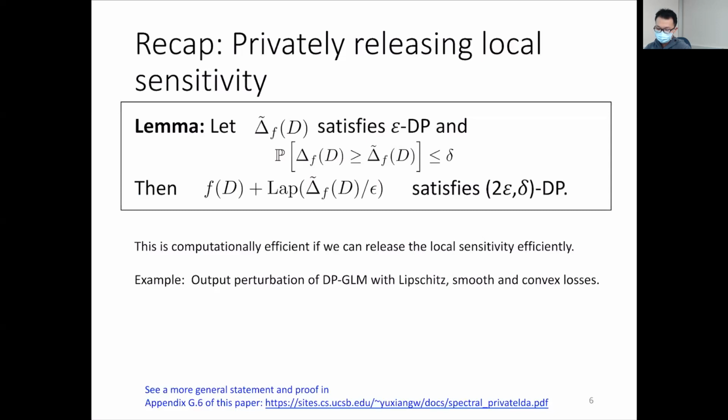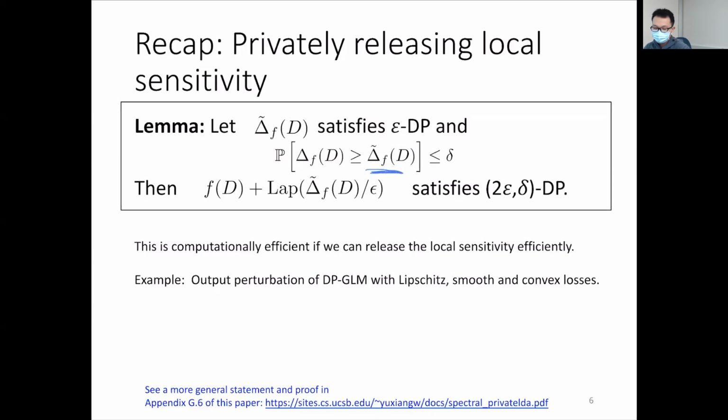If we can do that, then we can use our private release together with the concentration of the noise that we add to construct a high probability upper bound of this local sensitivity called delta tilde, and then we can add noise according to this high probability upper bound.